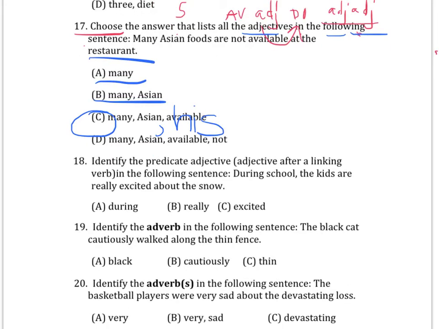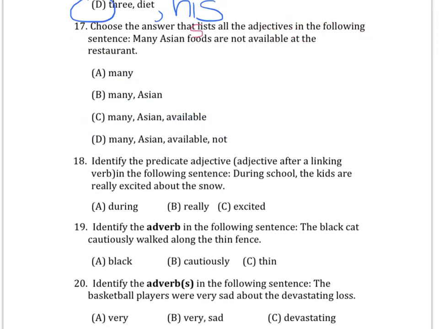For the next one, the subject is foods. The linking verb is are. The prepositional phrase is at the restaurant. We're looking for adjectives. Foods is a noun, and restaurant is a noun. Are there any adjectives describing the foods? What kind of foods? Asian foods, there's one adjective. How many foods? Many foods.